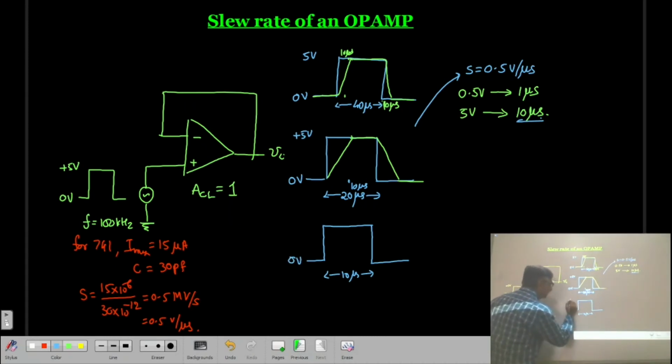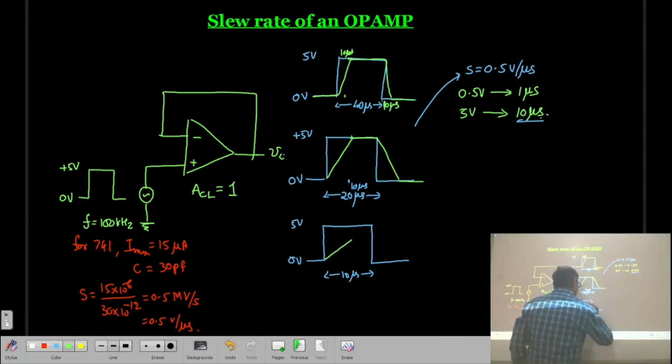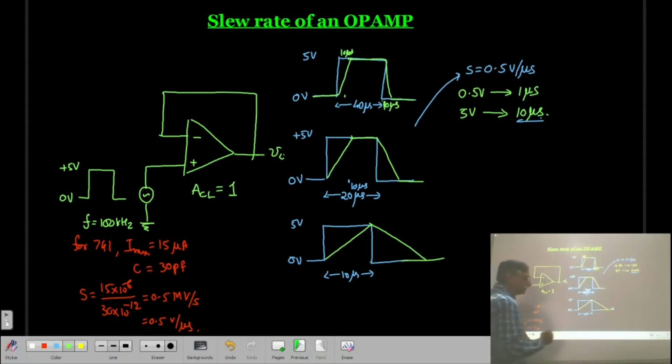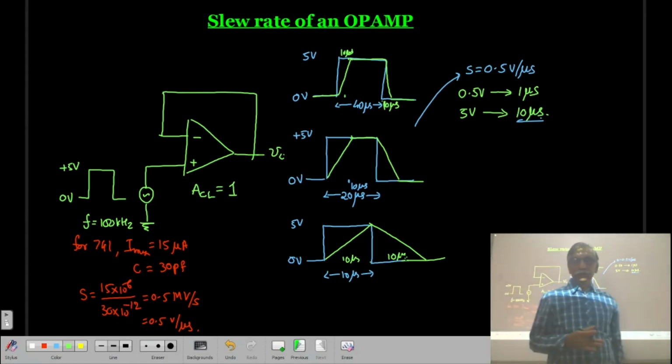So this is 0 volt, this is 5 volt. So here in this case, now the output voltage will change from 0 to 5 volt in this manner, because this is 10 microsecond. And then the output will change after 10 microsecond in this way. So this is 10 microsecond, this is also 10 microsecond. Now you can see the square wave is converted into a triangle wave.